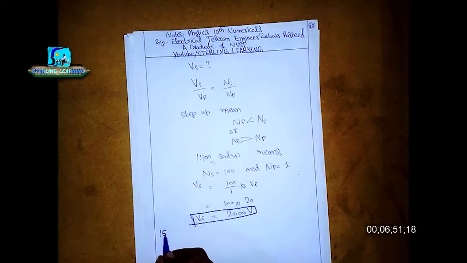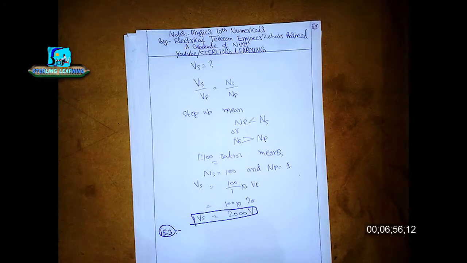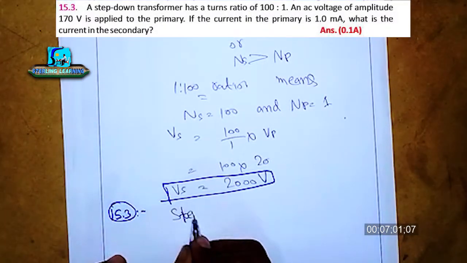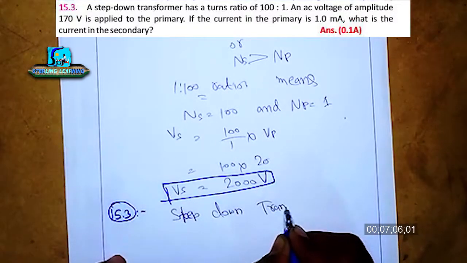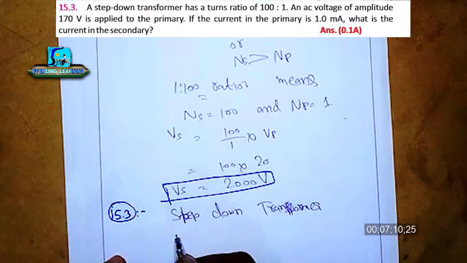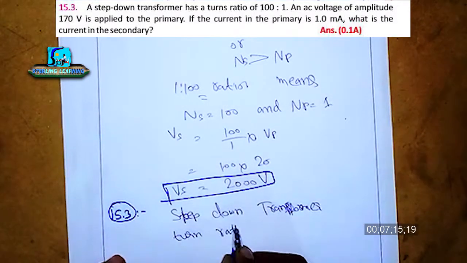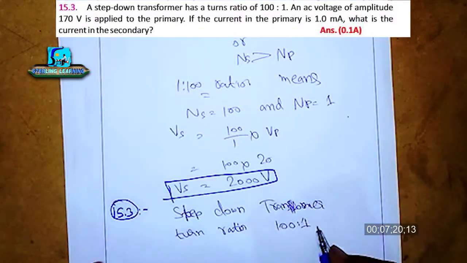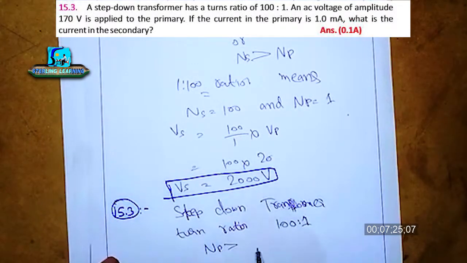Now 15.3. A step down transformer has turn ratio 100 to 1, which means Np is greater than Ns.